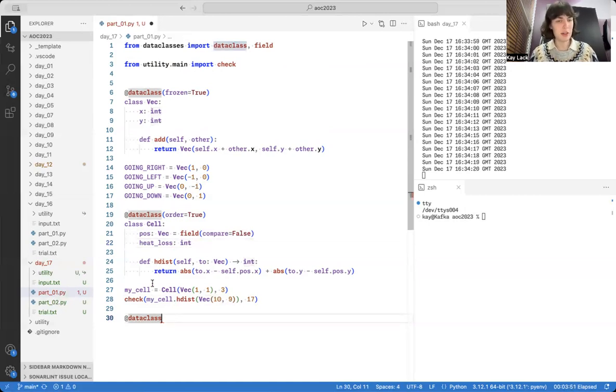We need to not compare that because we should be comparing based on the, or actually, now I think of it, we should be comparing based on the minimum heuristic, right?